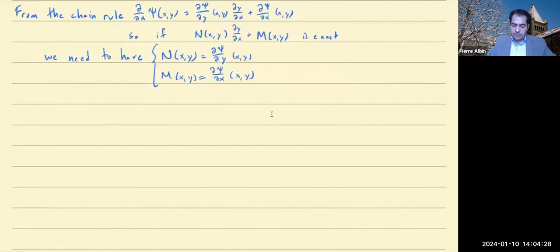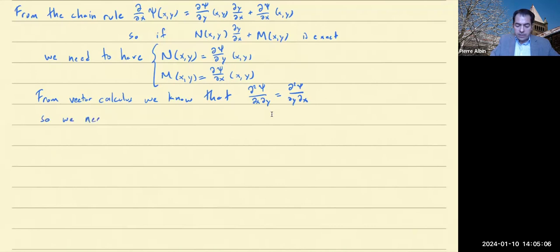Okay, now from vector calculus, we know that mixed partials of functions, sufficiently nice functions anyway, are equal. So if you differentiate psi with respect to y and then with respect to x, it is the same as the second derivative in the opposite order.